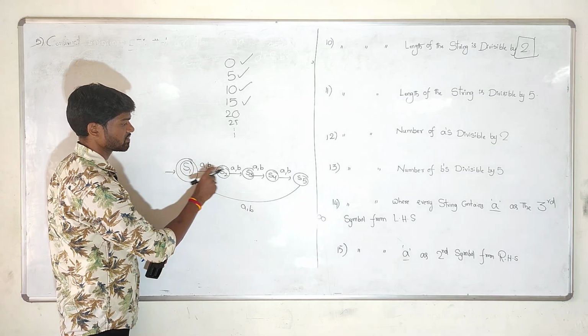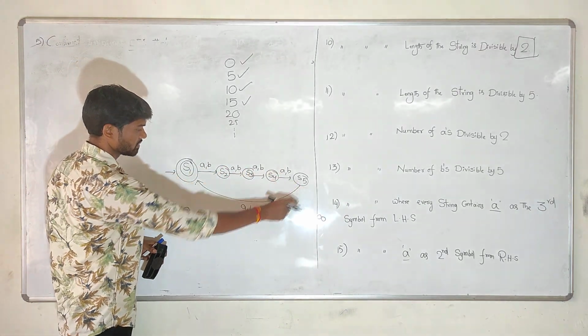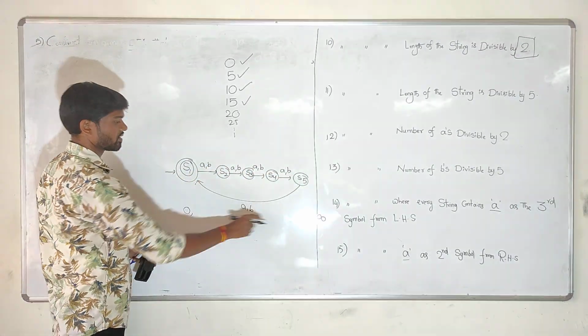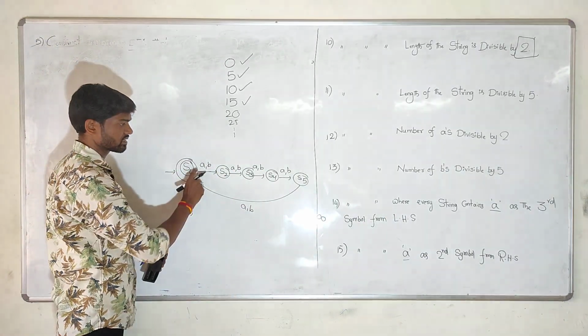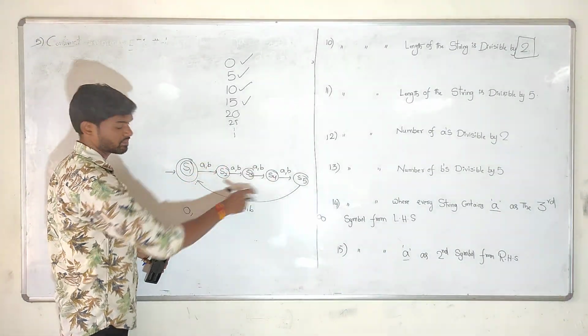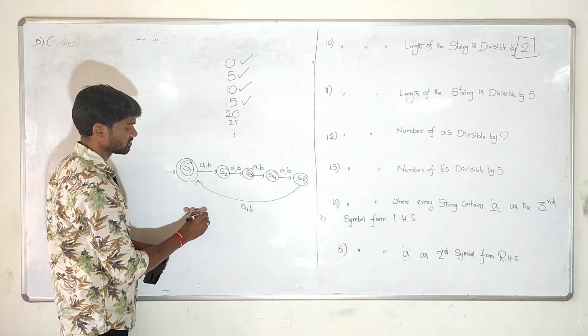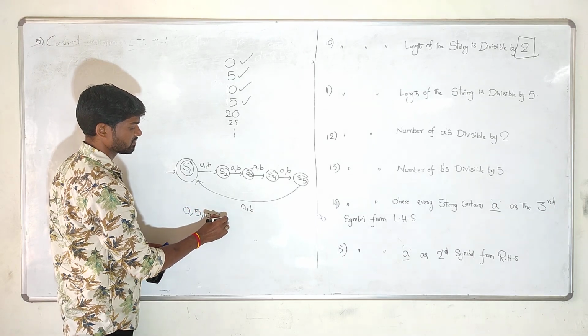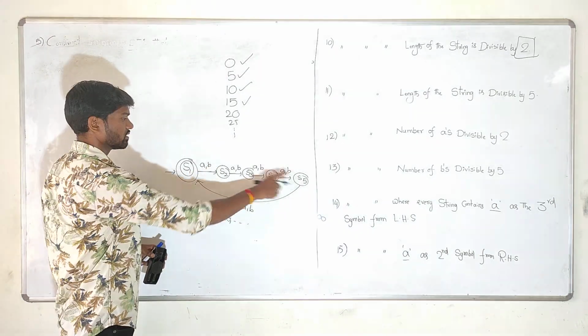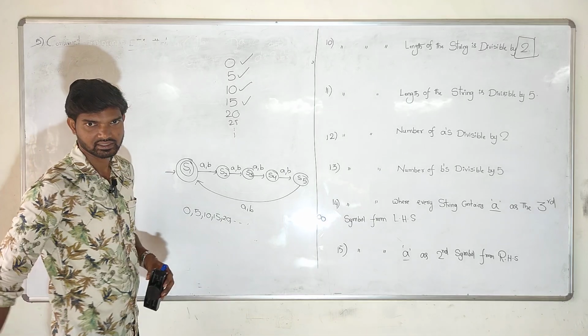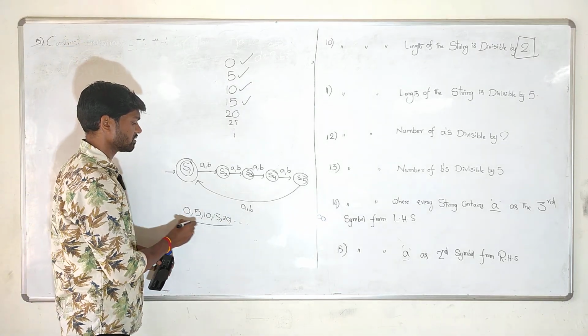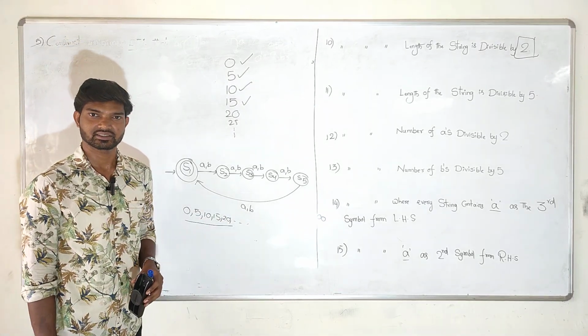See, A comma B, A comma B, A comma B, A comma B, A comma B. So this is the 5 length string. Then after that the 10 length string, the 15 length string, like this the loop will be repeated. So it always forms 0, 5, 10, 15, 20 length strings, and so on. Then the loop repeats like this, you always get 5 length strings.